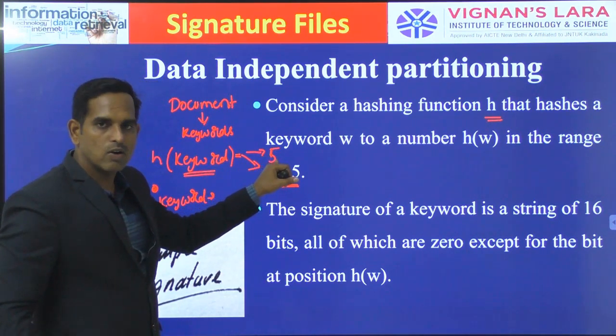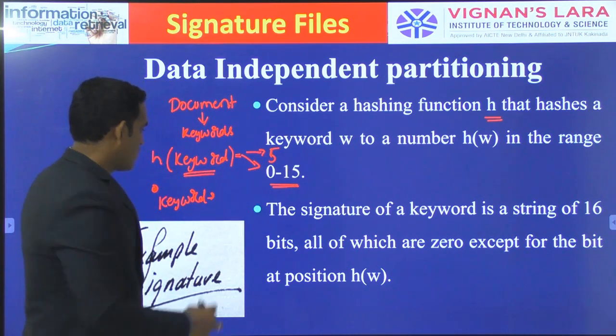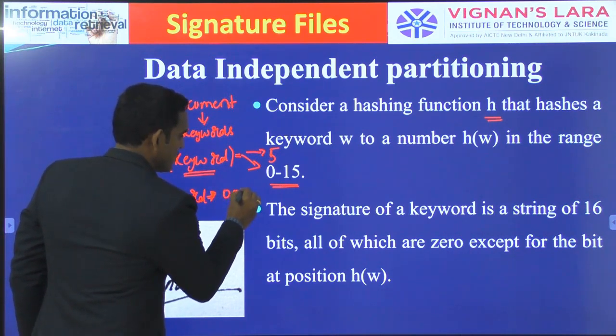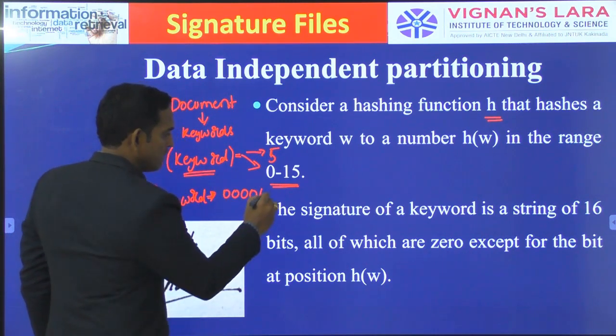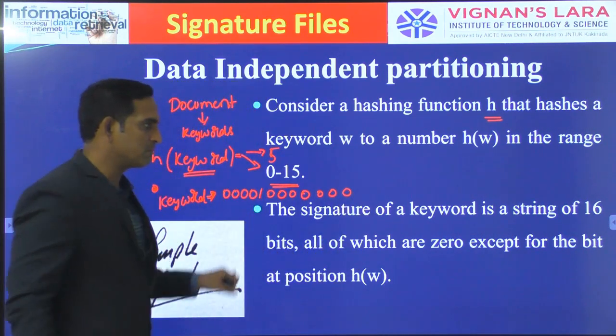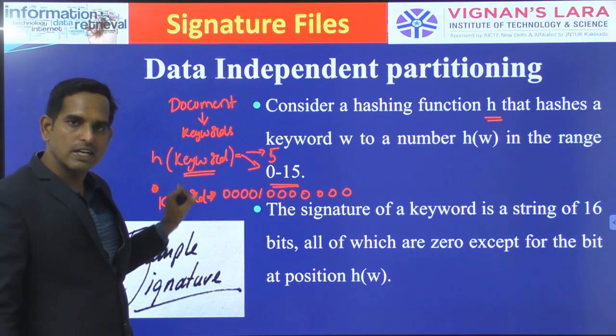For the keyword, I have got the hash value 5, so only one bit will be set, that is the 5th position bit, and the remaining 15 bits will be set to 0. This will become the signature of the particular word.